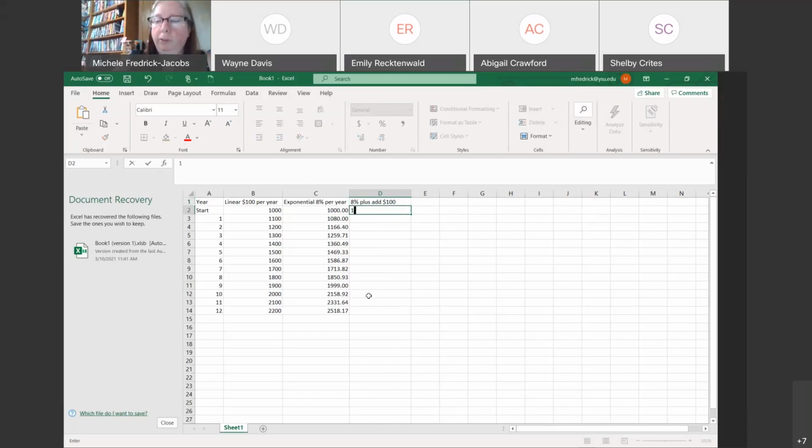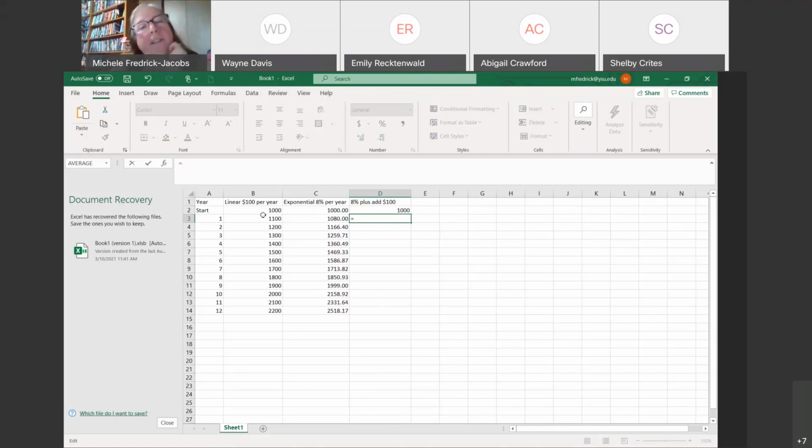We're still going to start with the 1,000. So each year it'll be an 8% increase plus $100. So go ahead and write a formula. Put your 1,000 first. And then not only the 8%, but we're also going to add the $100. And then once you get that, drag it all the way down, and we'll see what the total is.